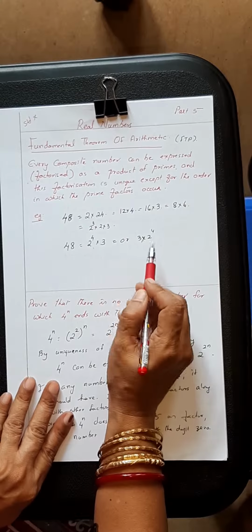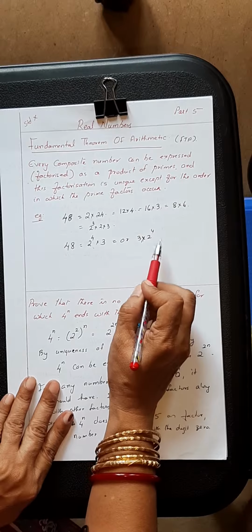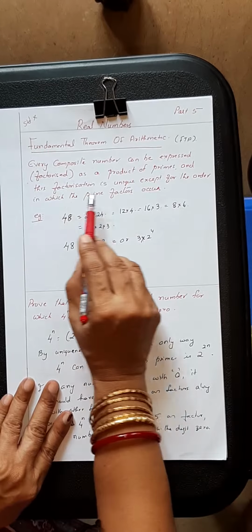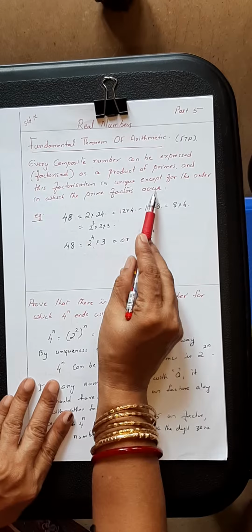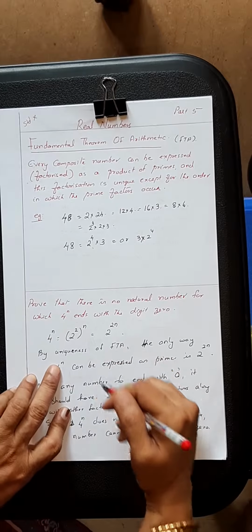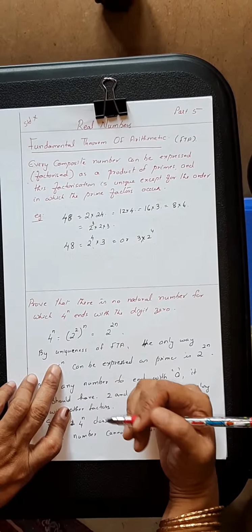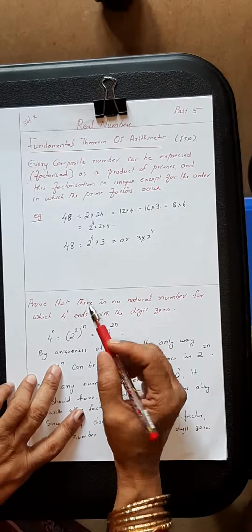The value is not changing, because of the commutative property of multiplication. So that's what is meant by this factorization being unique except for the order in which the prime factors occur. This will help us in the next problem, where we will understand the importance of this uniqueness.